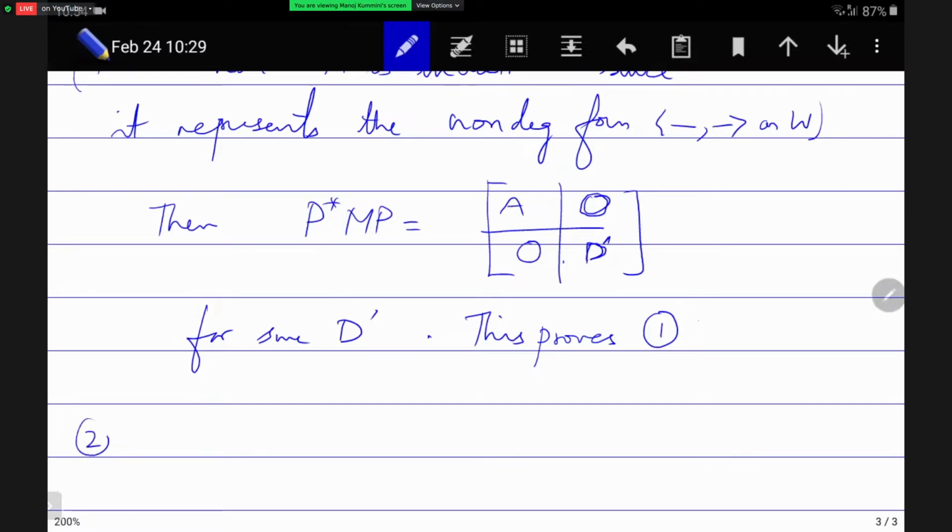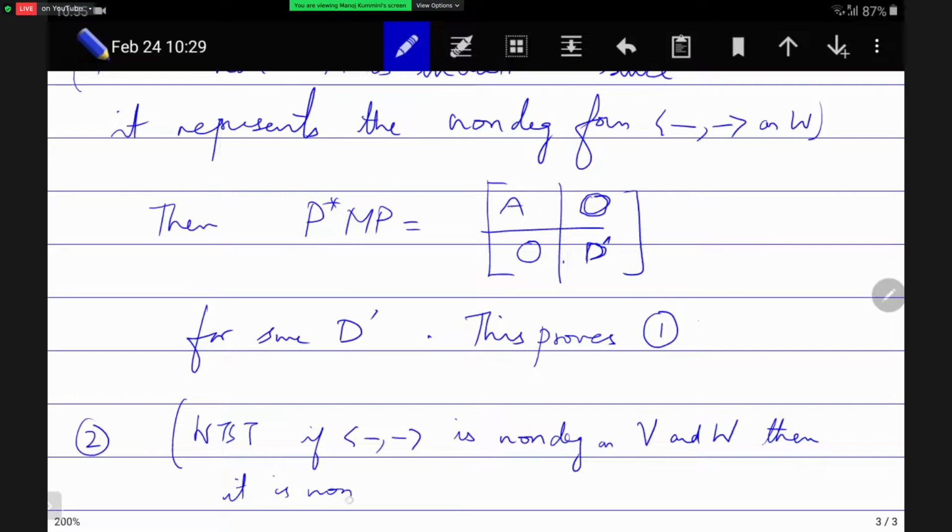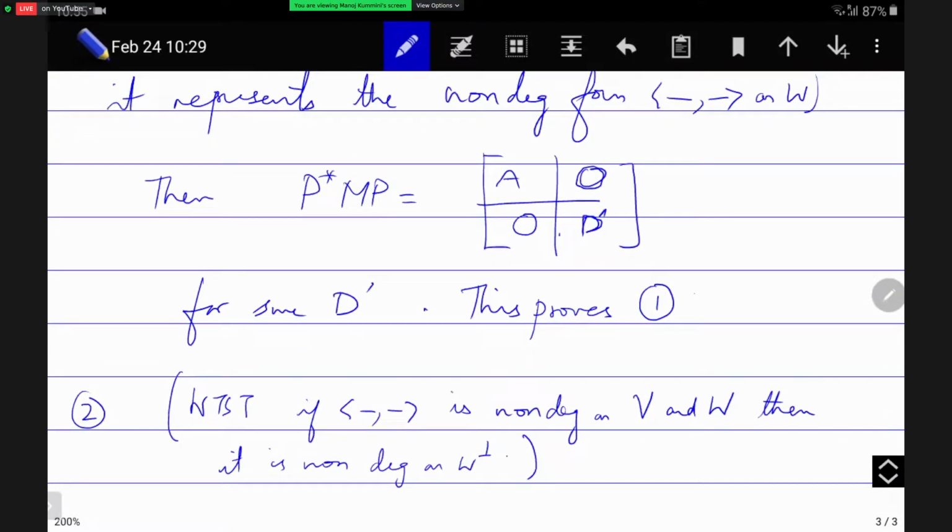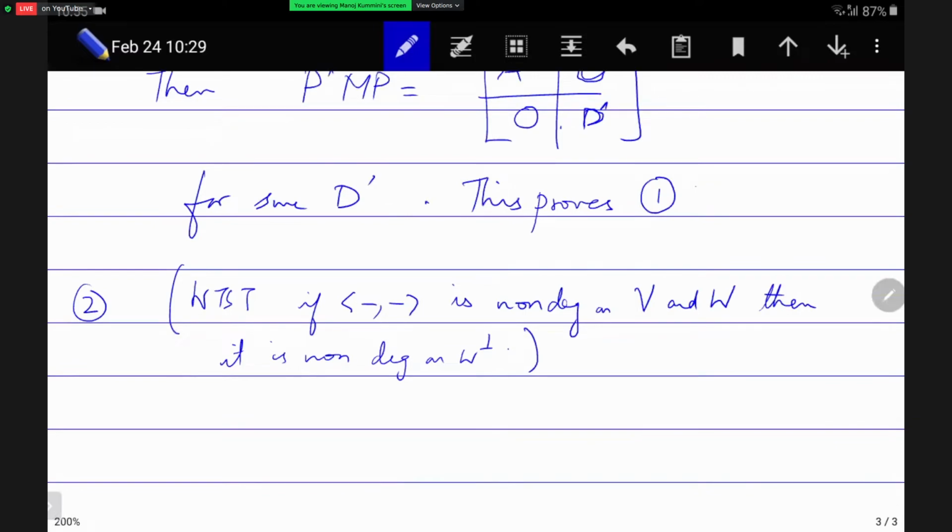And part two, just to recall, we want to show that if the form is non-degenerate on V and W, then it is non-degenerate on W perp. So we'll use part one to show that.